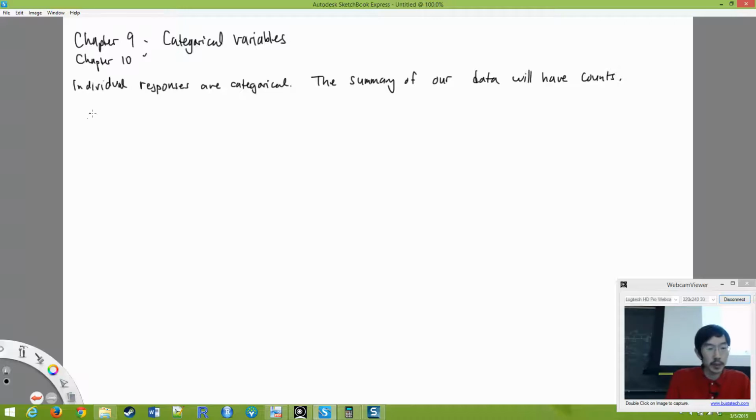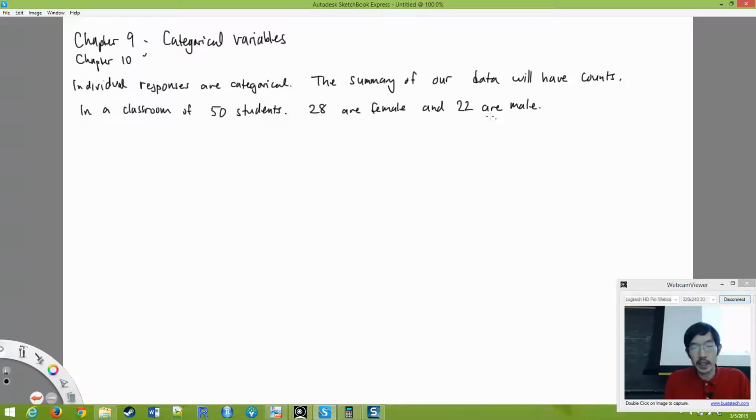It could be as simple as, in a classroom of 50 students, 28 are female and 22 are male. This is categorical data. The summary of our data will have counts. Just because you see numbers doesn't mean it's numeric.